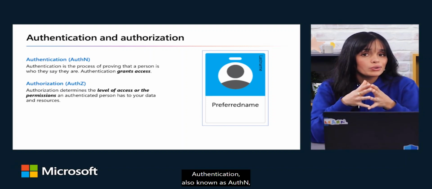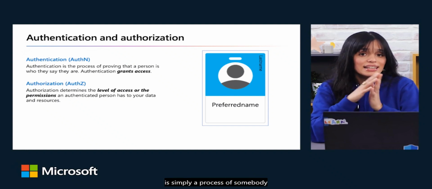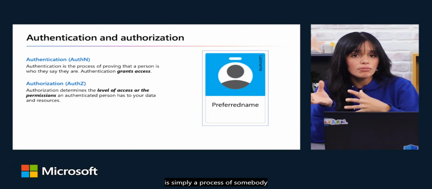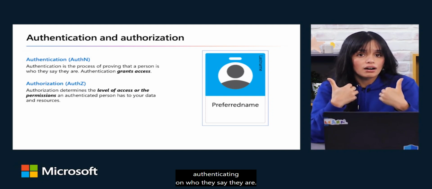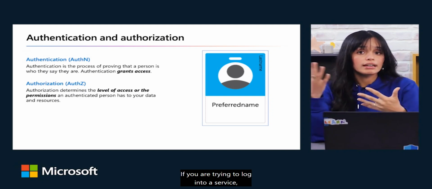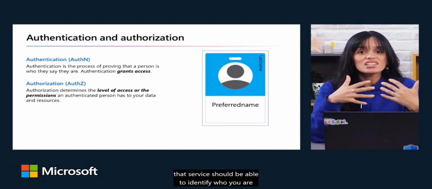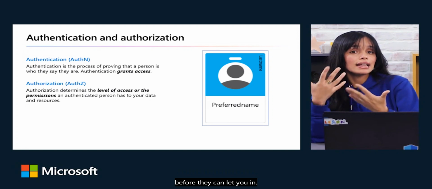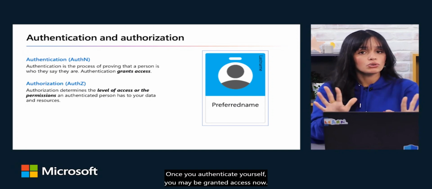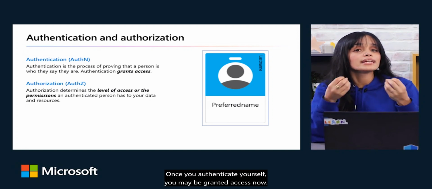Authentication, also known as auth-n, is simply the process of somebody proving who they say they are. So if you are trying to log into a service, that service should be able to identify who you are before they can let you in. Once you authenticate yourself, you may be granted access.